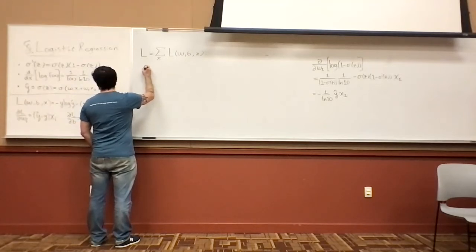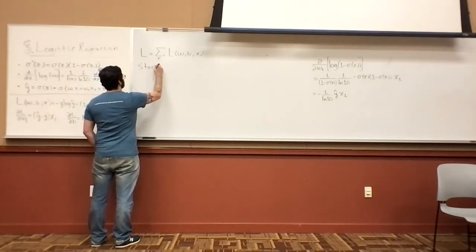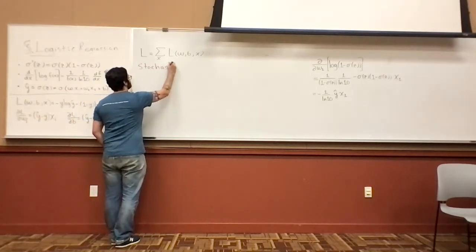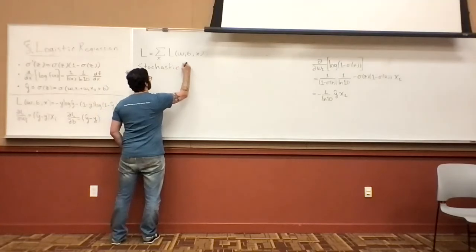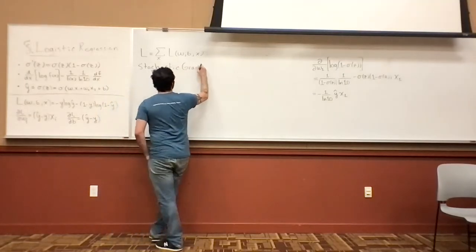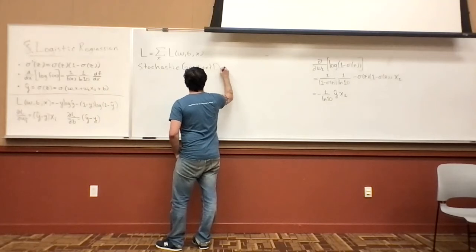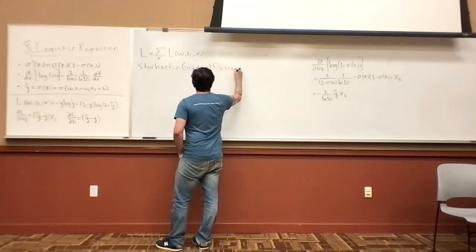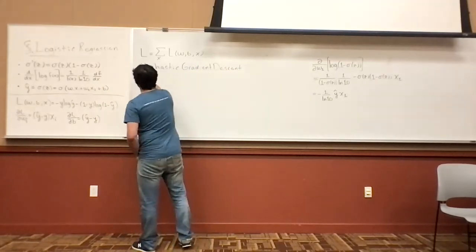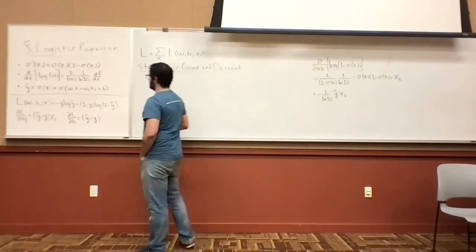And for stochastic gradient descent, so what would the pseudocode look like for this?